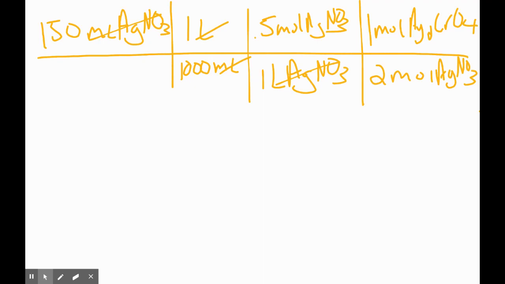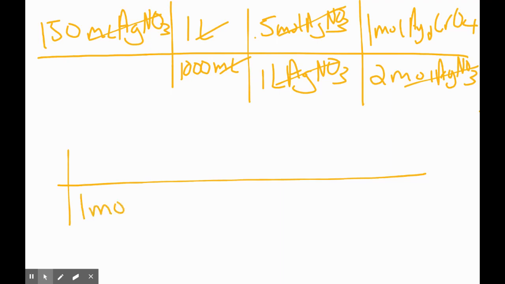Okay, so I've run out of room, so I'm going to continue my calculation down here. So now moles of silver nitrate have canceled out, and we're at moles of silver chromate, and we're going to use the molar mass to convert to grams of silver chromate.